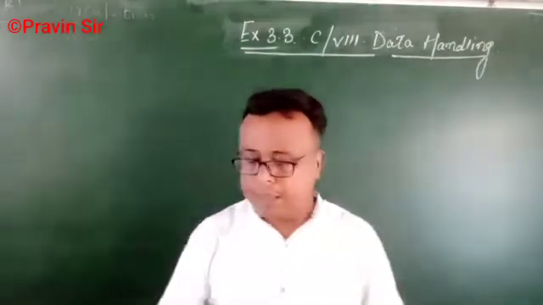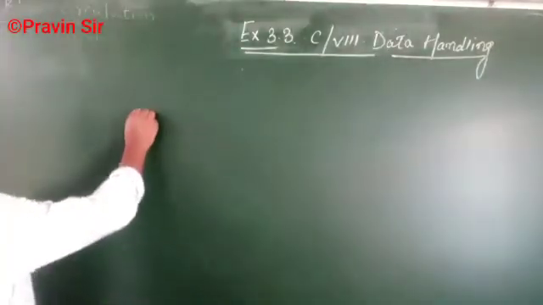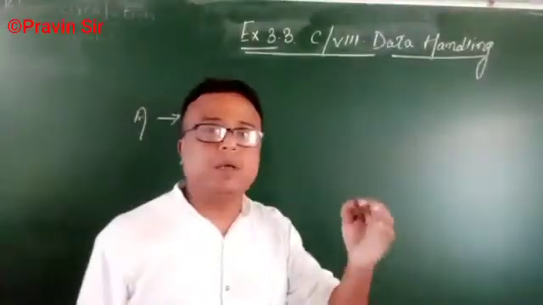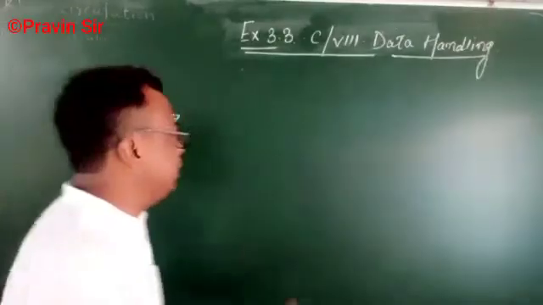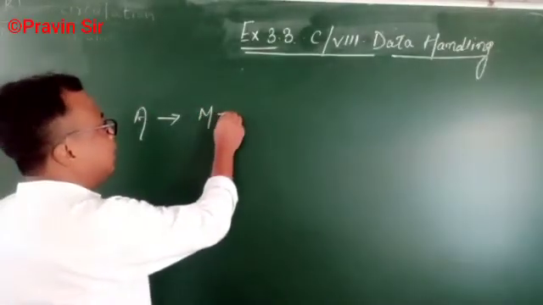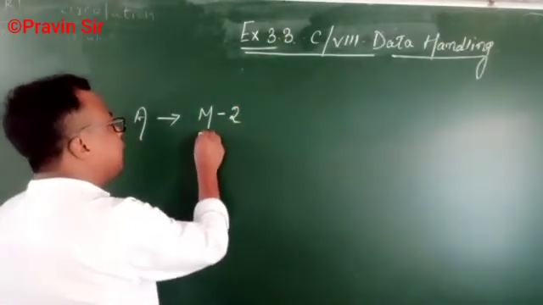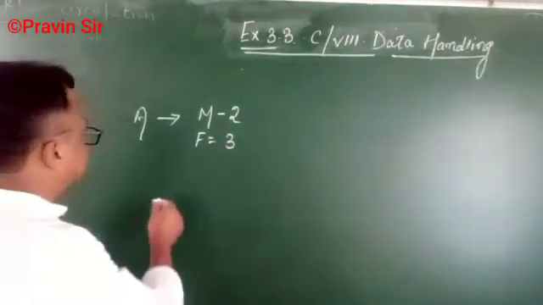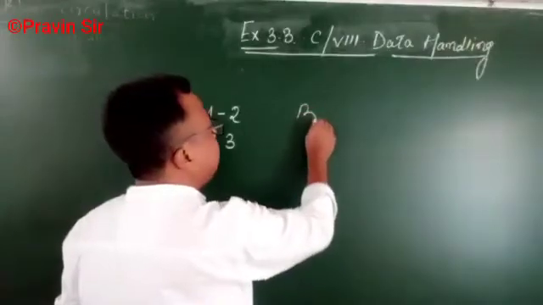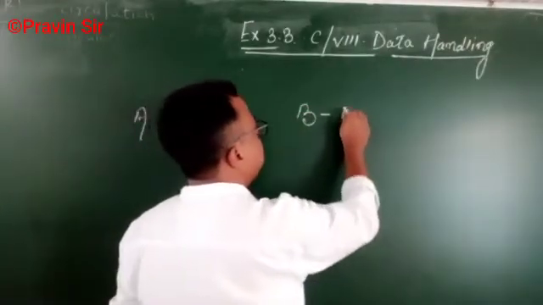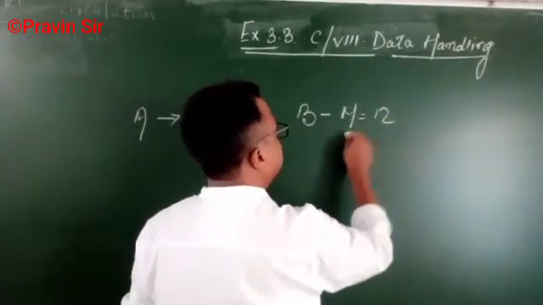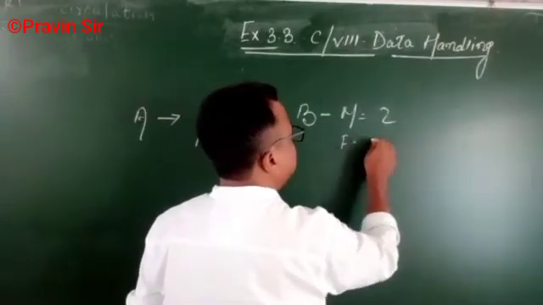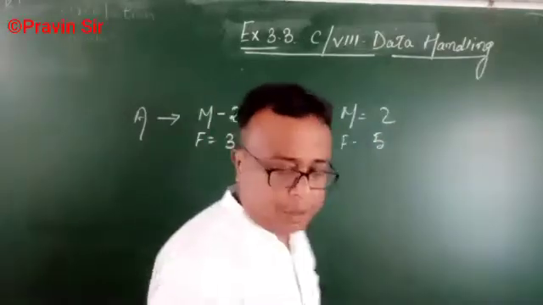Suppose family A, you went to house A, you ask how many males are there in your family. You will write like this: A, male 2, female 3. Again, you went to house B, then you collect the information like this: male 12, female 2, male 5. Like this, we have gathered some information.